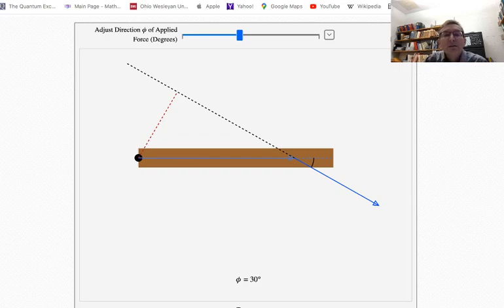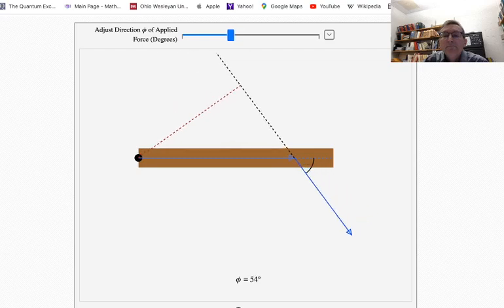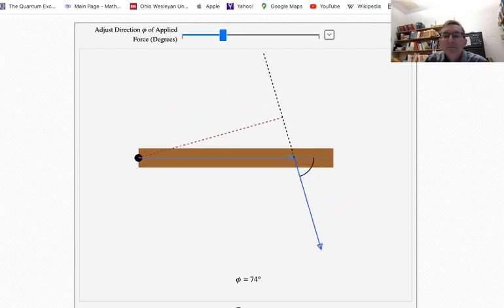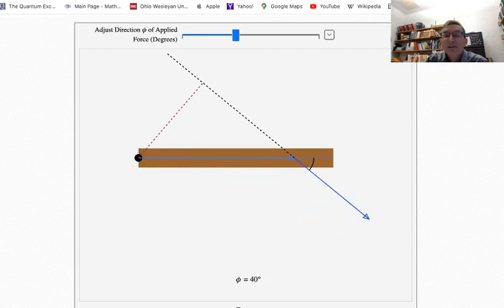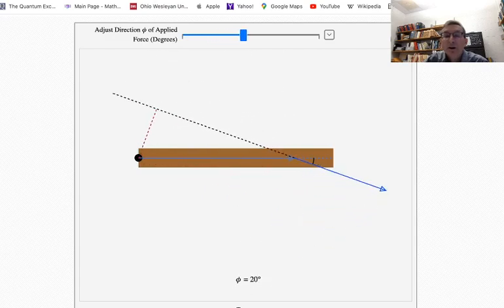All right? So here we go. Let's go this way. You can see the angle is just given as a number there in degrees. Notice that that's changing the line of action and the moment arm as I change the angle of the force.